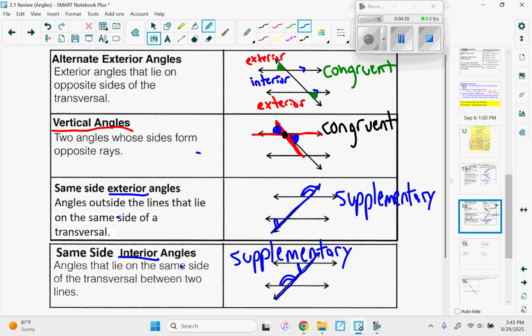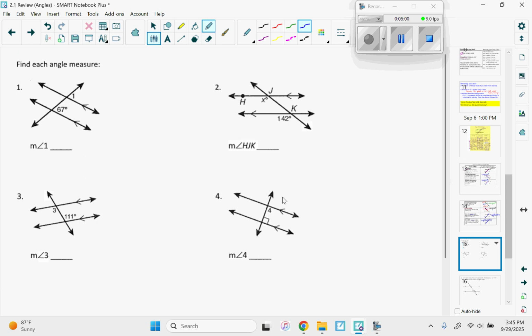Let's continue on to the next set of problems. I'm just going to do a couple examples here, and you can check the answer key for the study guide on Google Classroom for the other answers. So let's take a look at number one. What we want to do for these types of problems is identify the type of angle relationship.